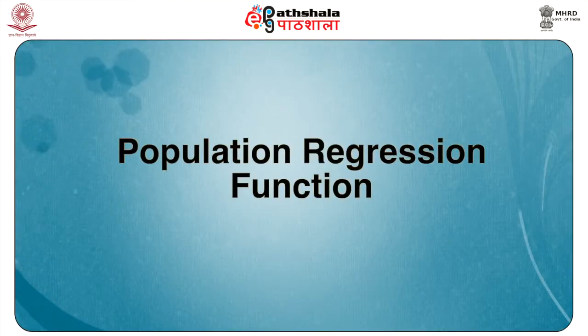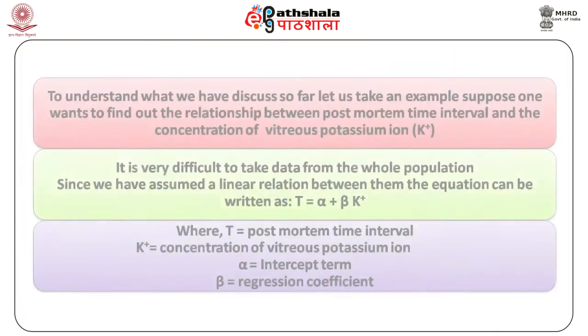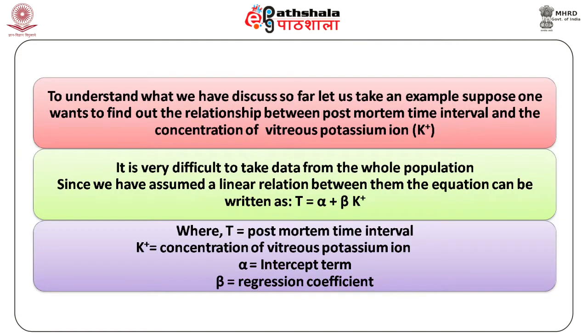Population regression function. To understand what we have discussed so far, let us take an example. Suppose one wants to find out the relationship between post-mortem time interval and the concentration of vitreous potassium ion, that is K+ ion. It is very difficult to take data from the whole population, since we have assumed a linear relation between them.